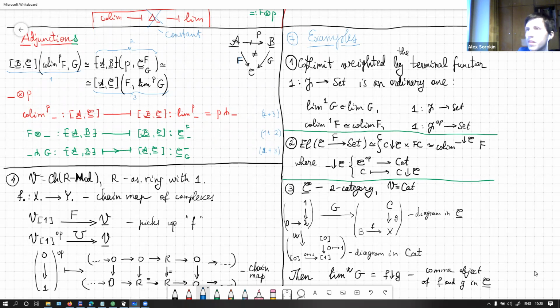And here it appears that the colimit of F weighted by profunctor P is on the left, the limit appears on the right, but something also appears in between them.